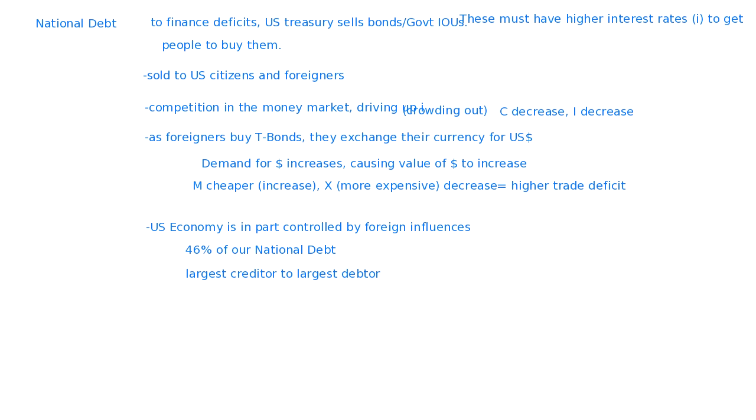Why can't we just print more money to pay off debt? It's a demand and supply issue.